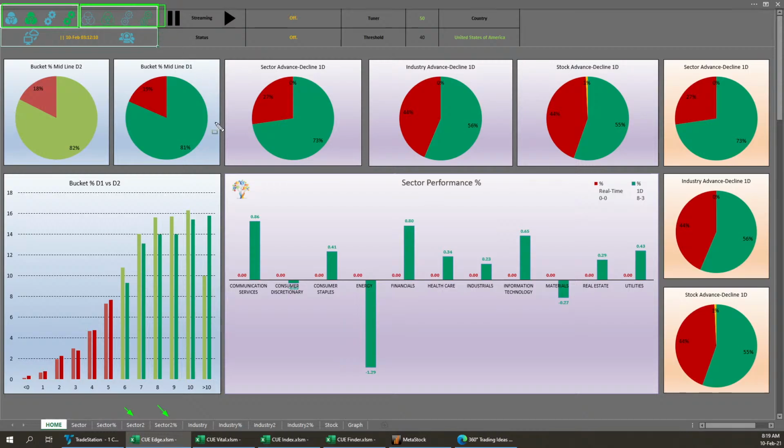Another tab I have added is graph. This is actually an industry graph. There is not much point in making graphs for sectors because trading decisions are made at the industry level, not at the sector level. Sector level is too broad for making trading decisions.